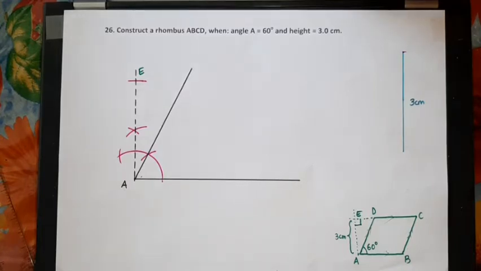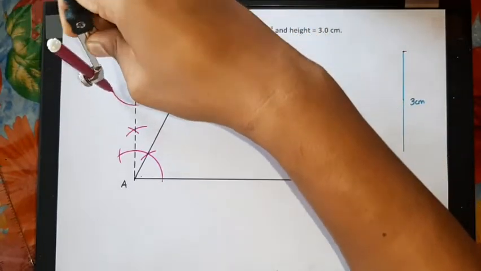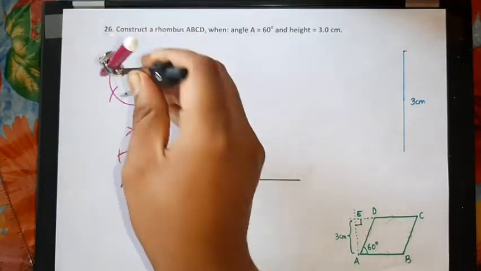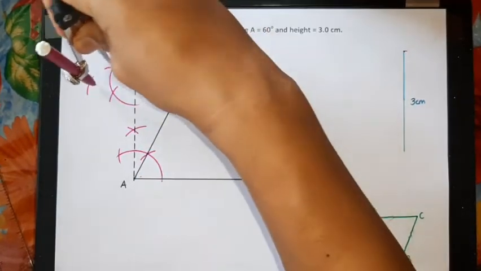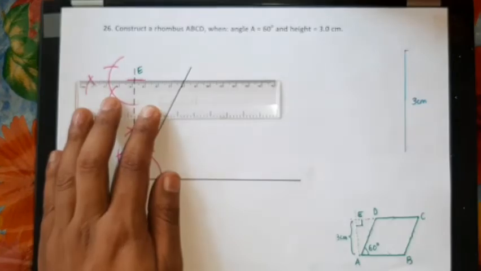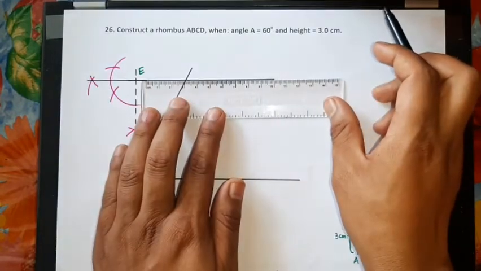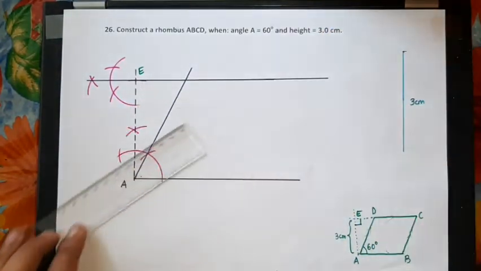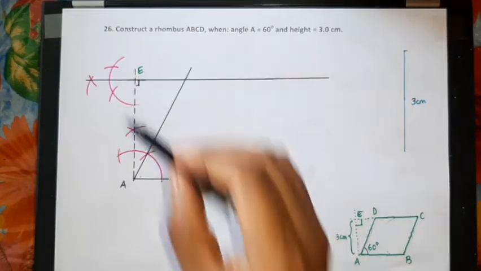So let us construct a 90-degree angle at E. Okay, so this is my extended line, and this is exactly 90-degree.